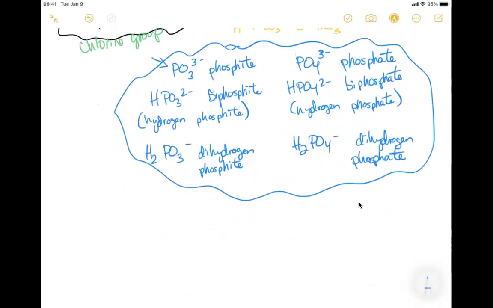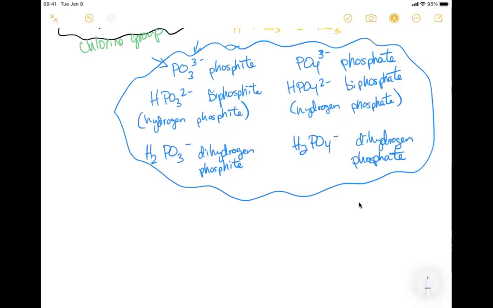That's the one that doesn't have any hydrogen on the front of it. And again, we've got phosphite, which has PO3, but now our starting charge is -3. And then we have phosphate, which is PO4, -3. So the same charge, but phosphate has one more oxygen than phosphite.